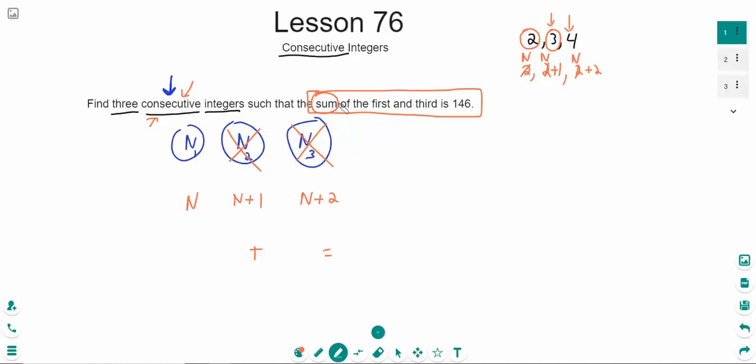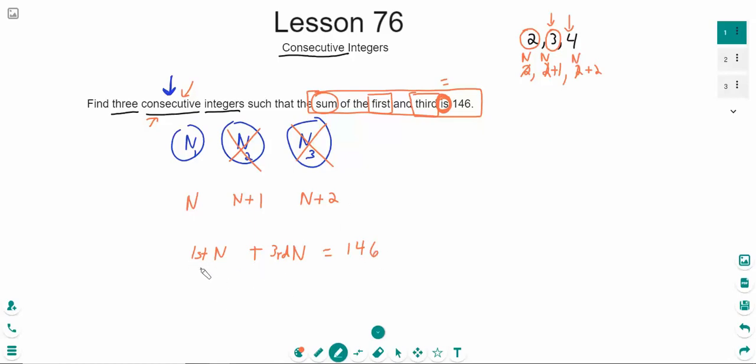Now what are we adding? It's the sum of the first and third. So the first number and third number are being added together. And then of course we have this is. Now remember, the is in math means equals. So the sum of the first and third, we add the first and third, and that equals 146.